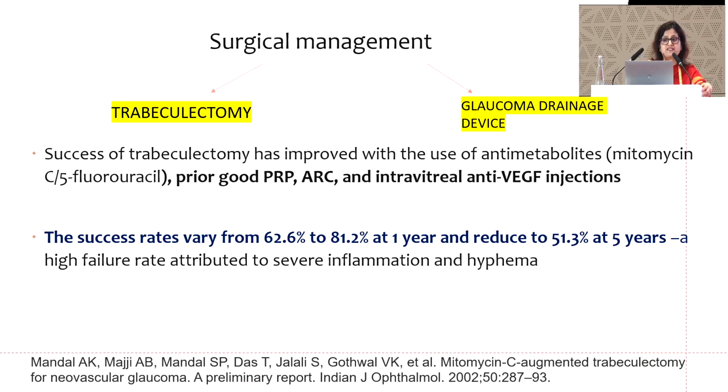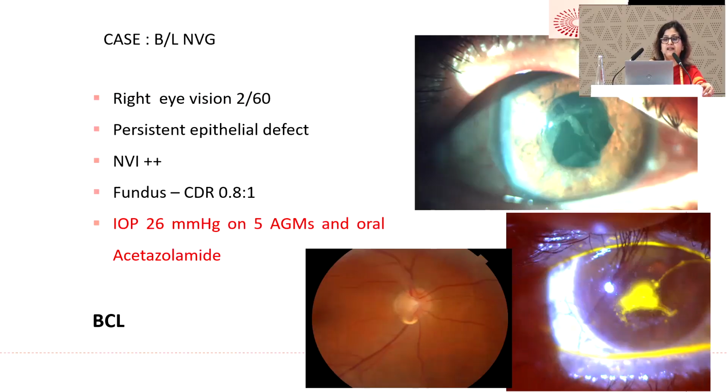As far as the surgical management is concerned, trabeculectomy or glaucoma drainage implants can be done. Success of trabeculectomy has improved with the use of MMC, prior good PRP, and intravitreal anti-VEGF injections. However, long-term success is not so good, and failure could be because of the severe inflammation and hyphema.